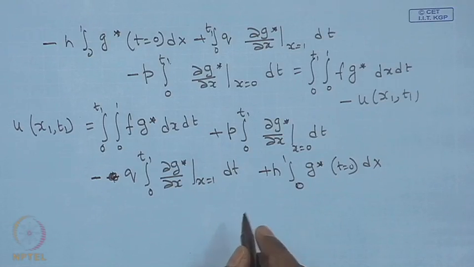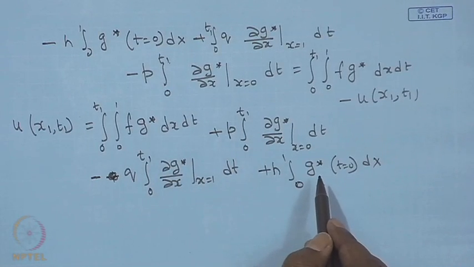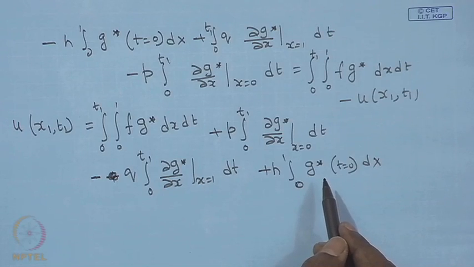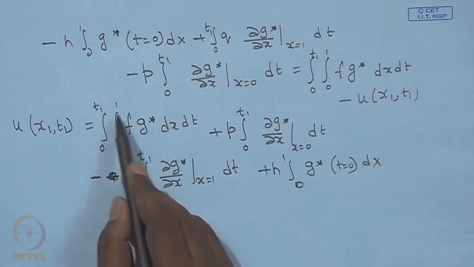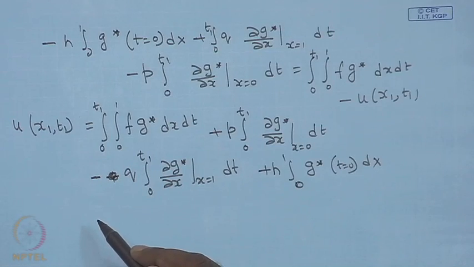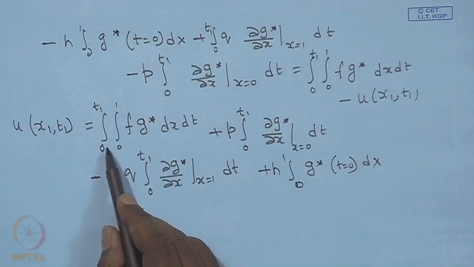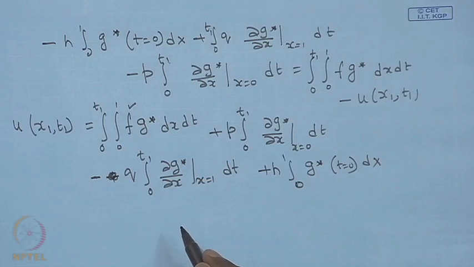So, if you see on the right hand side, there are 4 terms corresponding to 4 non-homogeneities in the governing equation. This volume integral, since it is a 2-dimensional problem, the double integral is nothing but a volume integral, corresponds to the non-homogeneous term in the governing equation.